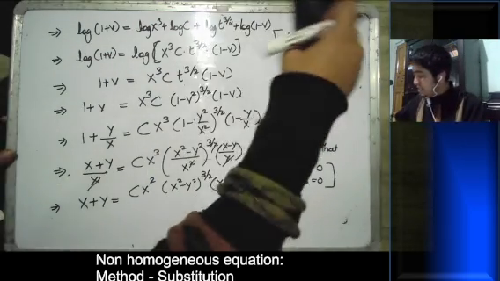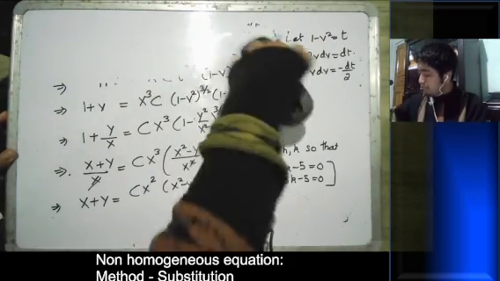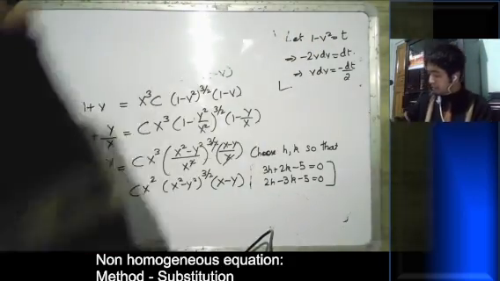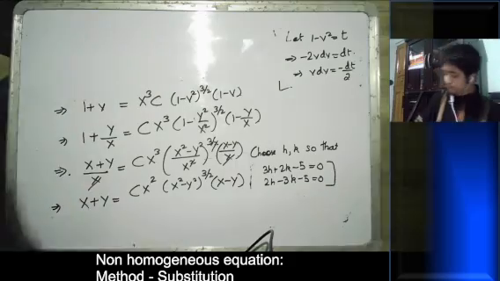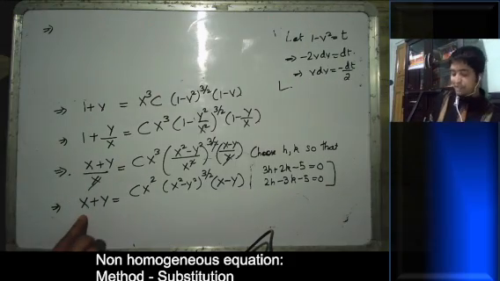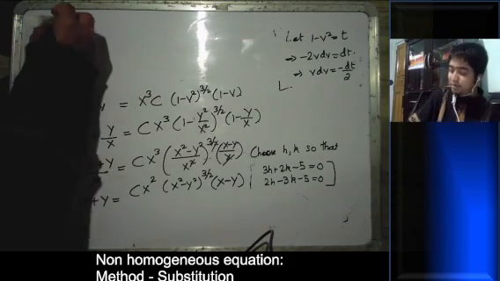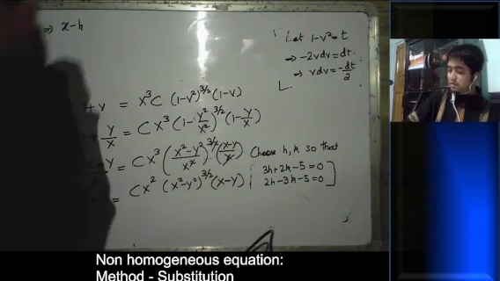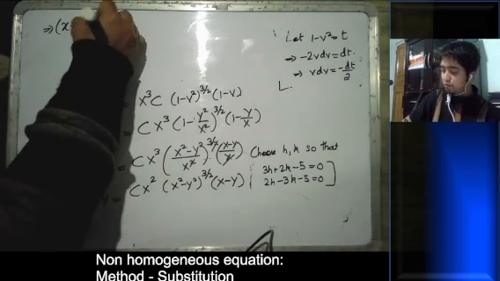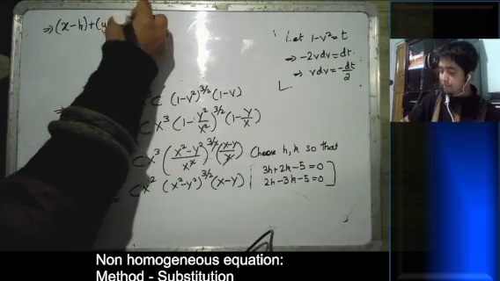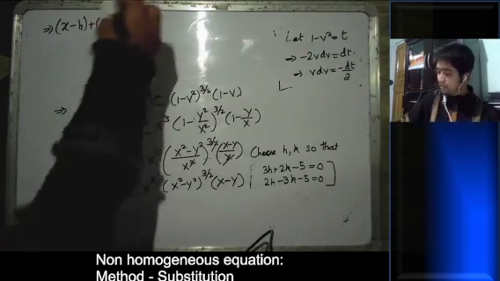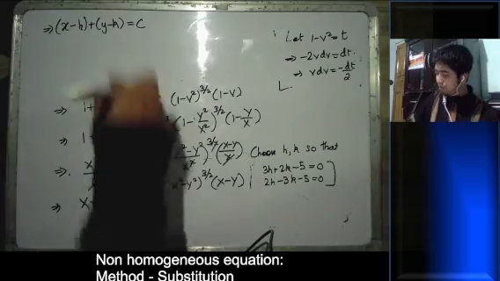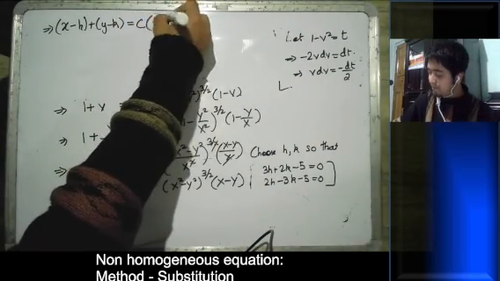Now we need to change everything back into small x and small y. So remember that capital X you can write as x minus h, plus capital Y is y minus k, is equal to c. Again, this one you can write as x minus h.